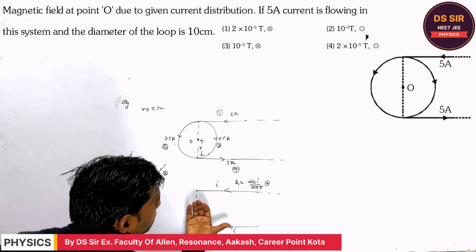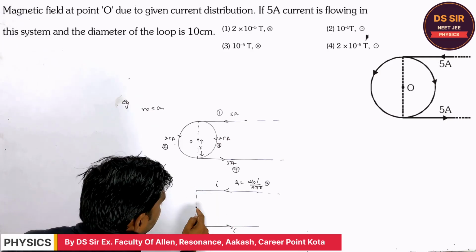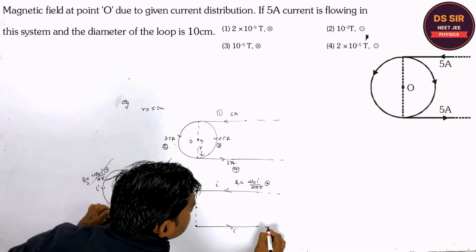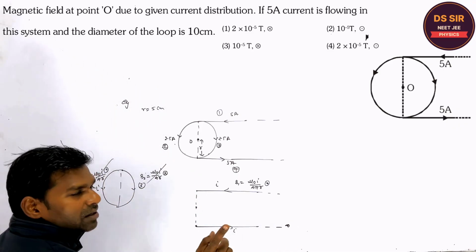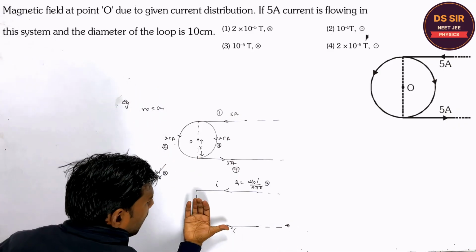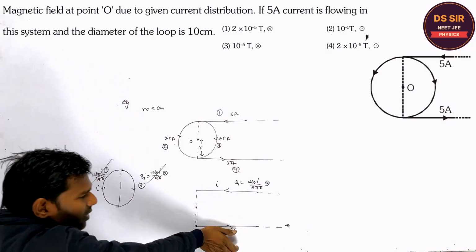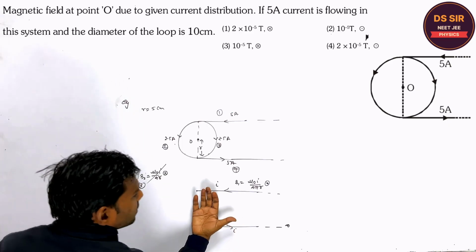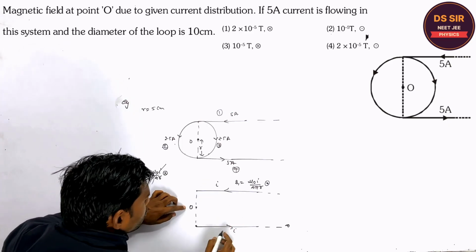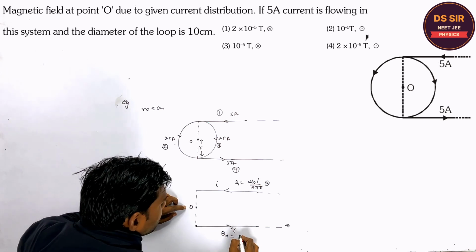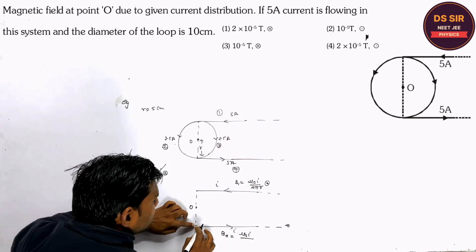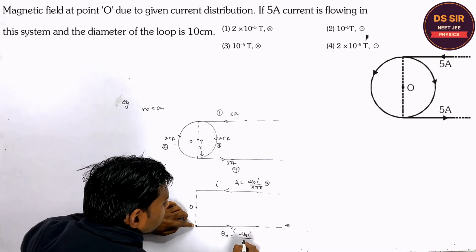So the magnetic field at this point is outside. This is the current outside. This side inside, this side outside. So because of the fourth part, mu naught I upon 4 pi r, semi-infinite wire.